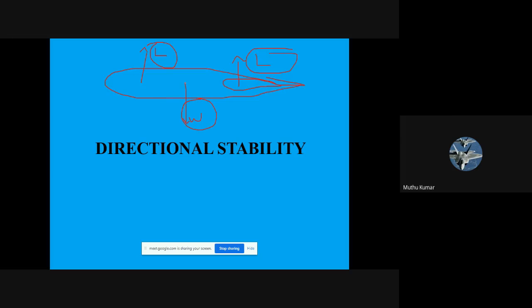So one common sentence I gave you: when there is a movement of CG forward the stability increases. Okay, ஆனா இன்னும் நிறைய இருக்கு longitudinal stabilityல. நமக்கு டைம் கம்மியா இருக்கு, அதனால maybe next time we meet I'll tell you more than that.